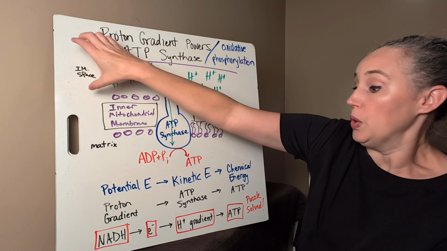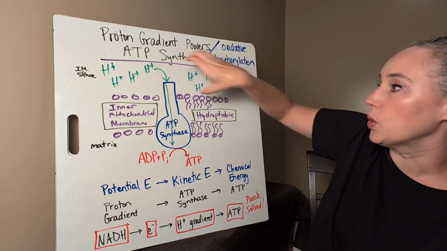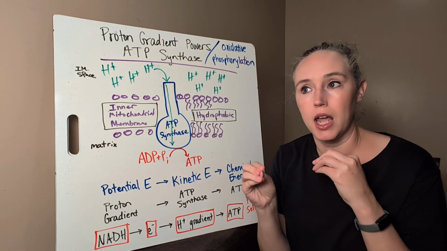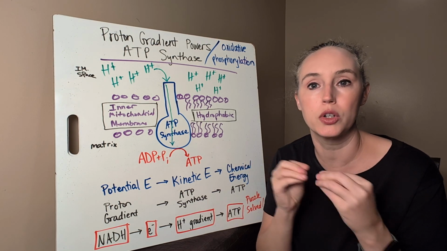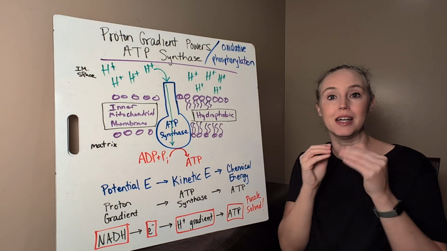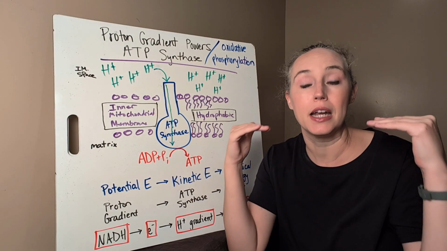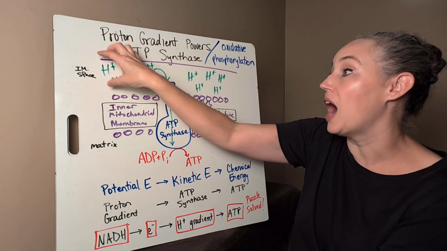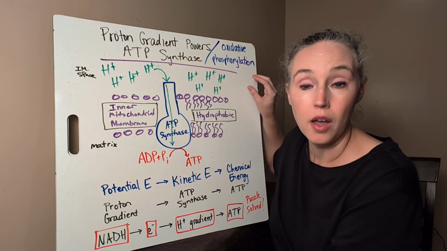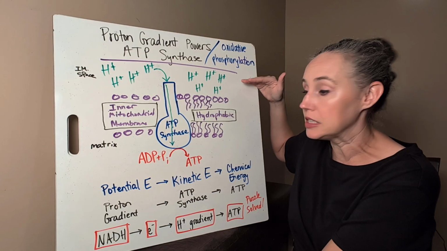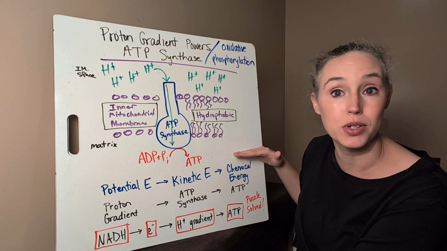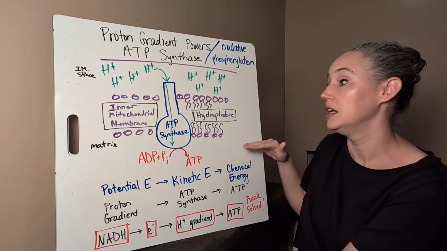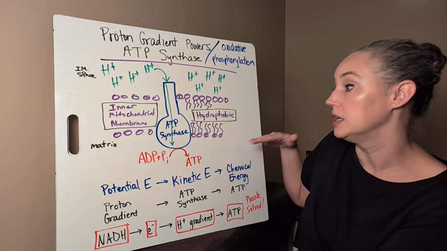So what's going to happen is we have created up here not just a proton gradient, but what this has done, it's like a dam. It has created an area with high potential energy. So this area has higher potential energy than the matrix, the inner part of the mitochondria.